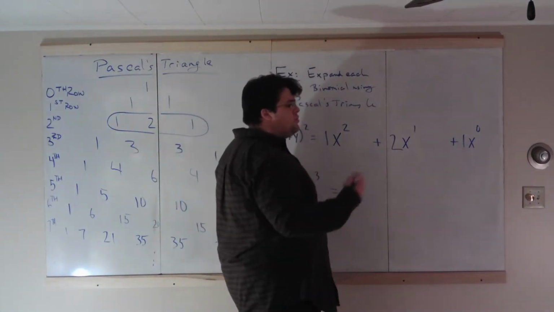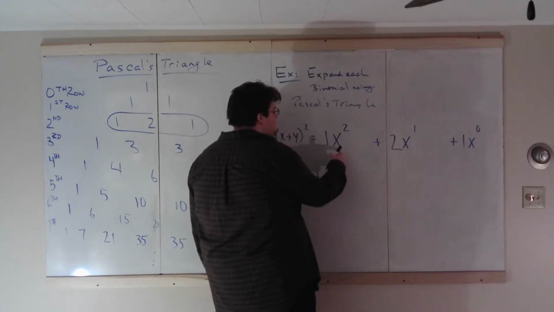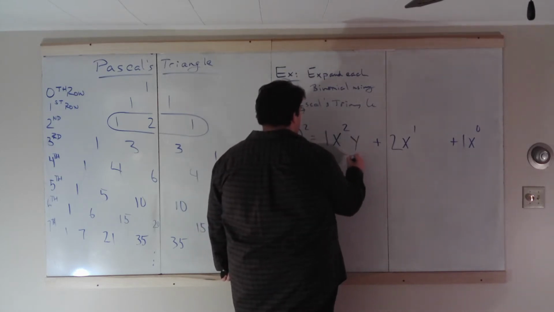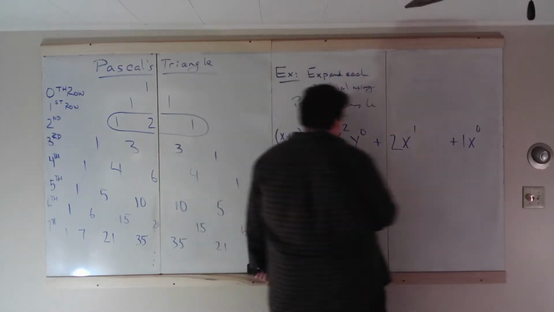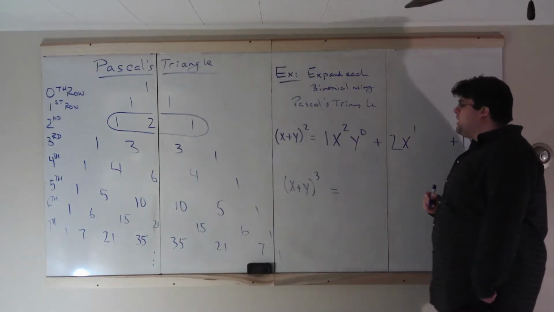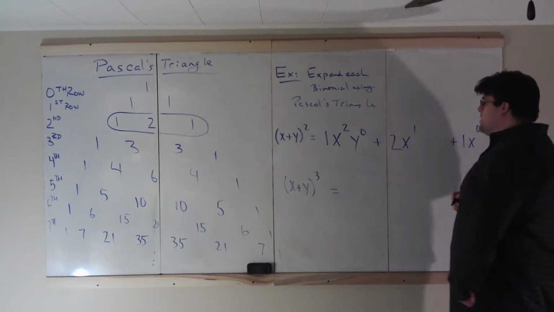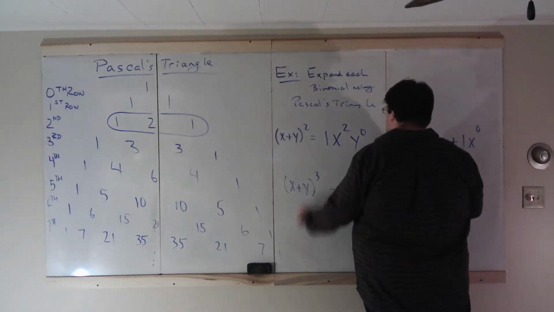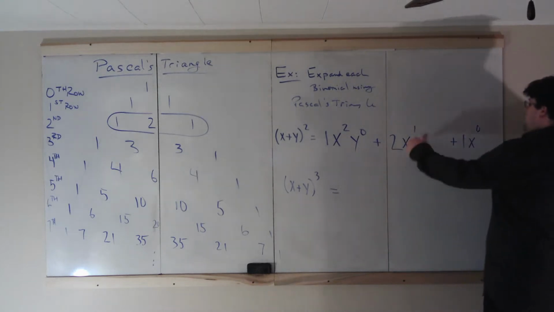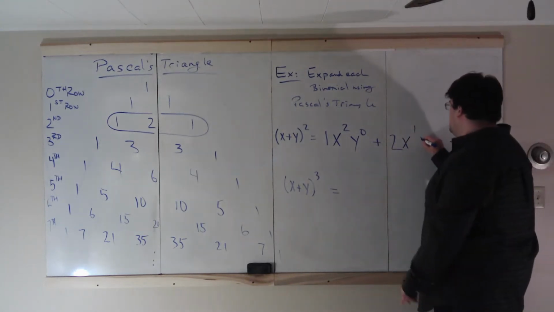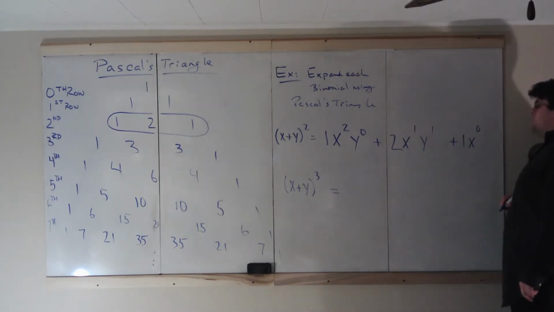We need 2 total letters. We already have 2 letters here. How many y's do we need to make it 2? 0. 0 y's and 2 x's. Remember, exponents just count the number of things that are there with multiplication. 2 x's, 0 y's make 2 total letters. What do we need here? Well, we have 1 x. We need another y.